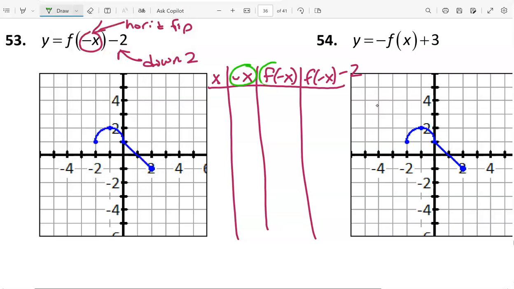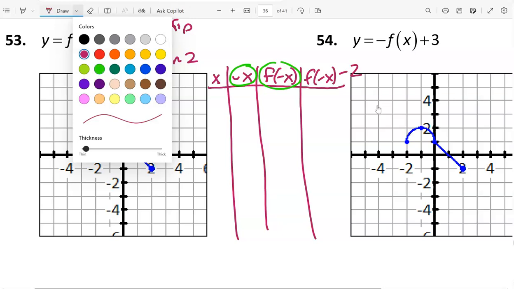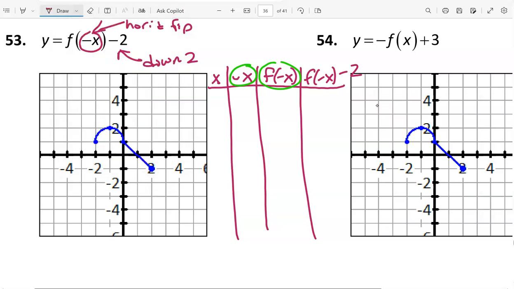Our input and output values are the -x and f of those values. That's where our points for the original function go, -2, 1, -1, 2, 0, 1, 1, 0, and 2, -1. If -x is -2, then x is 2.